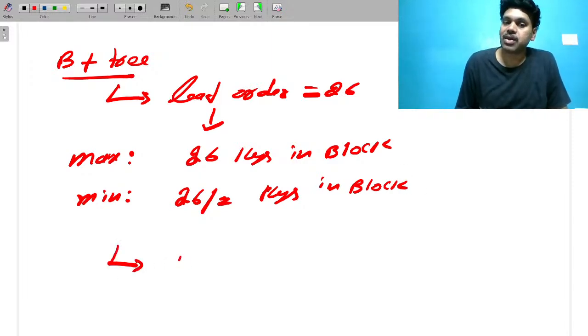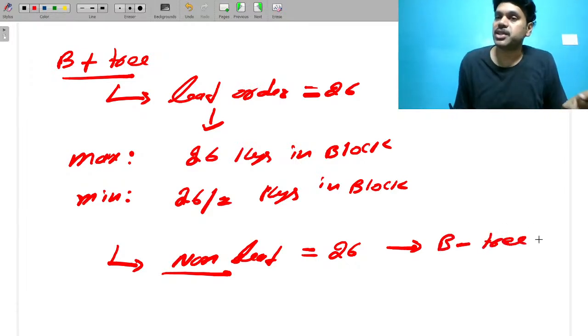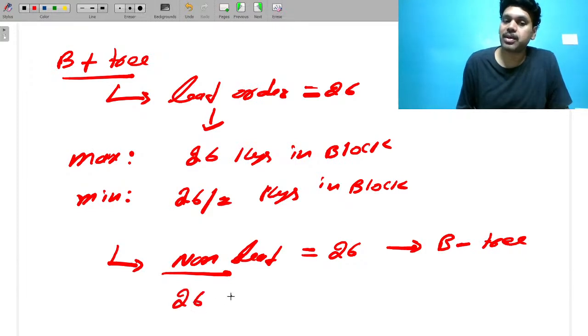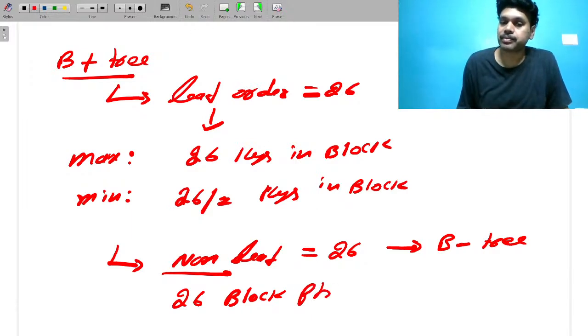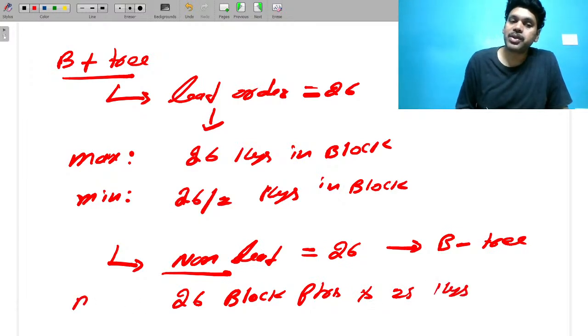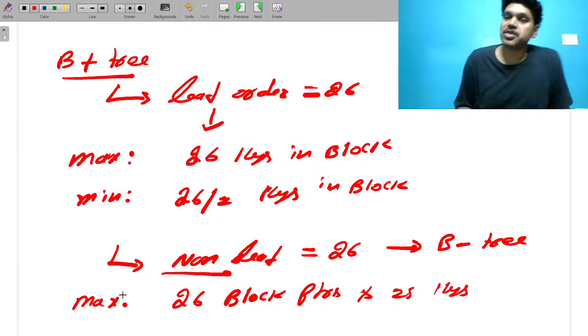B plus tree also has another order, that is non-leaf. If I say non-leaf is 26, it is very similar to B tree: 26 maximum block pointers and 25 keys. And minimum also, same story, half you need to do. This is the difference between B tree and B plus tree.